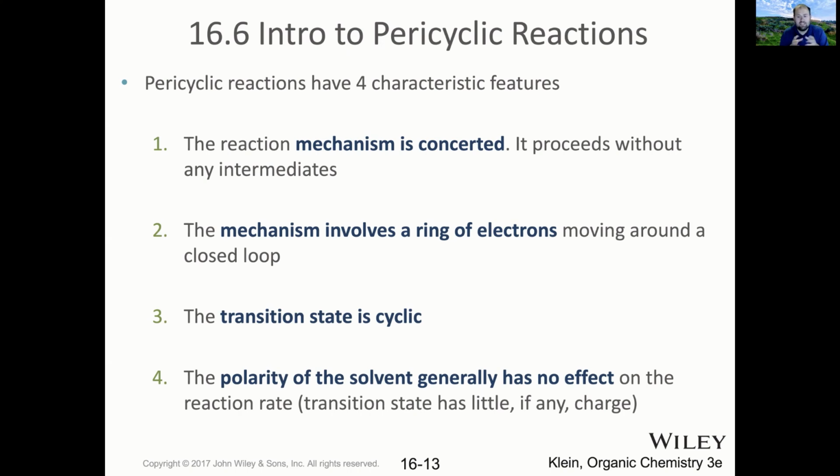The reason is that the transition state has very little buildup or deficiency in electron density, because it ultimately makes its way around, so that as it's occurring, there's never really any buildup or loss of electron density in the transition state. And without that polarity in the transition state, the polarity of the solvent is going to have no effect on the chemical kinetics of that process. It's not going to affect the energy of the transition state.